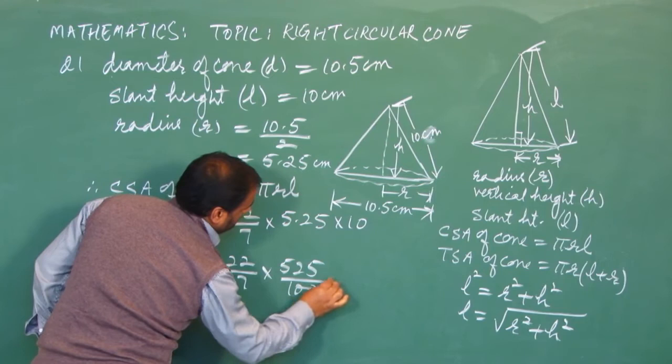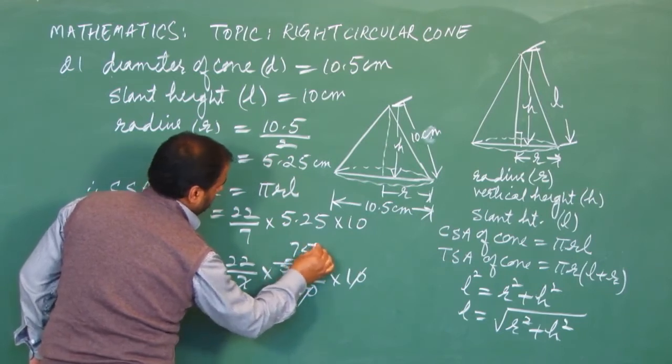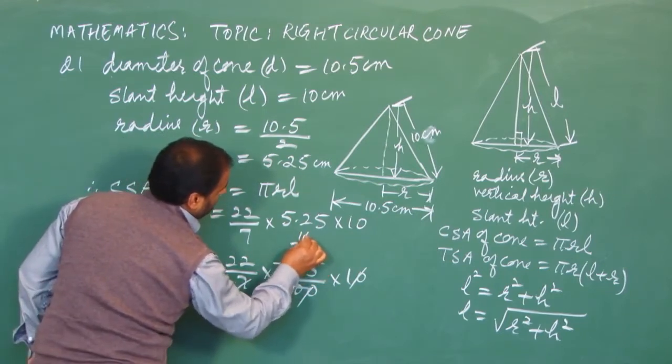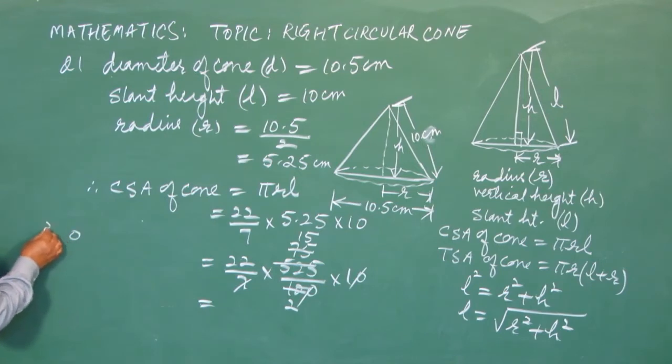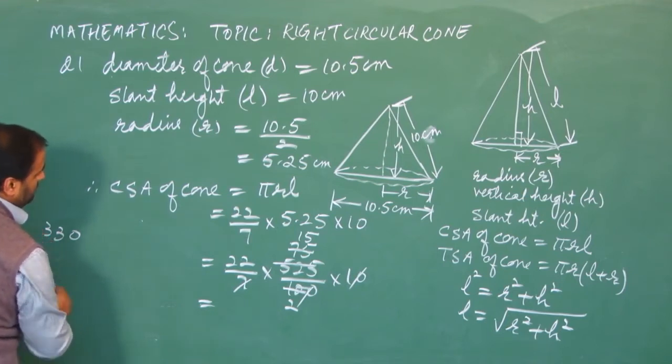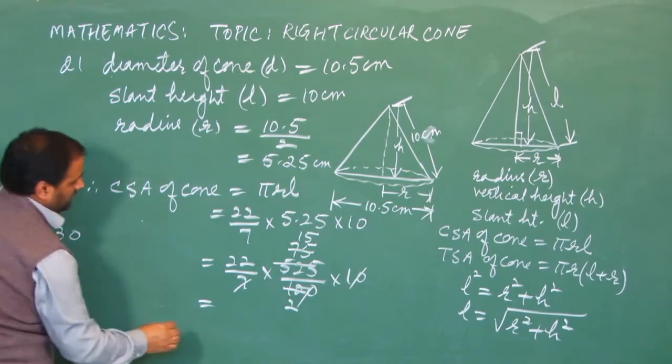525 by 100 into 10, and 22 into 15 is 330 centimeters square.